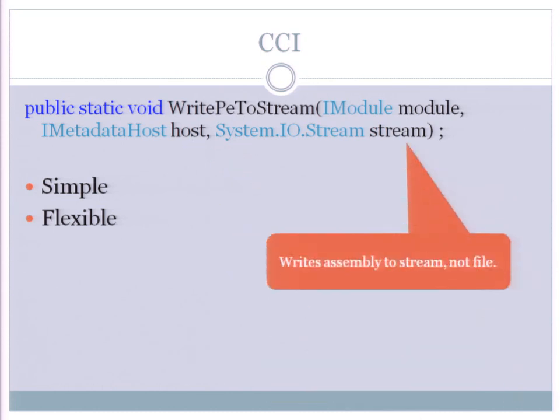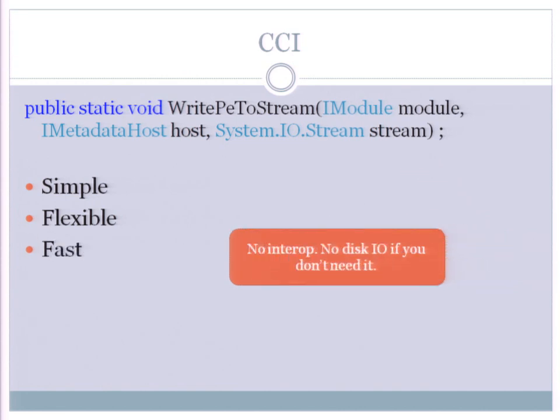And it's flexible because you don't have to write to a disk file or something like that. You just hand it a stream, and it's a stream to anything, and it'll just zap the stuff in there. And if you want it on a disk, fine, you can put it there. If you don't want it there, then that's fine too. So it's all up to you. It's fast, no interop.